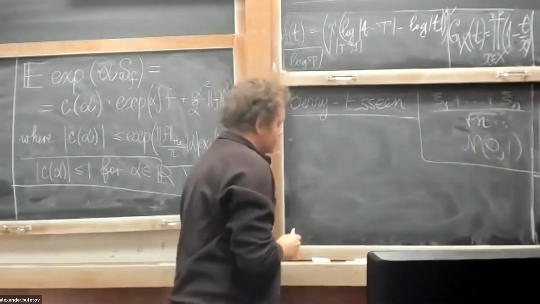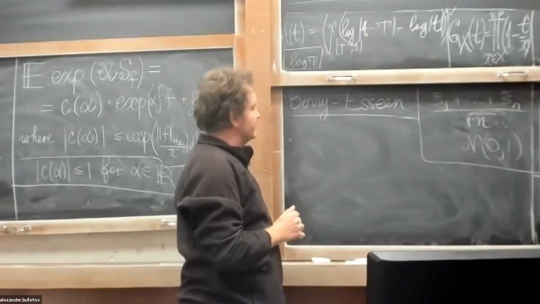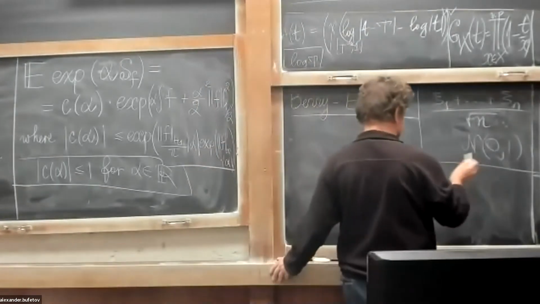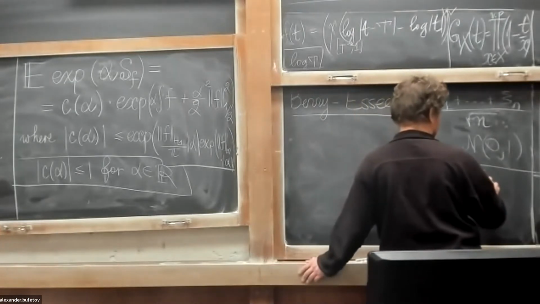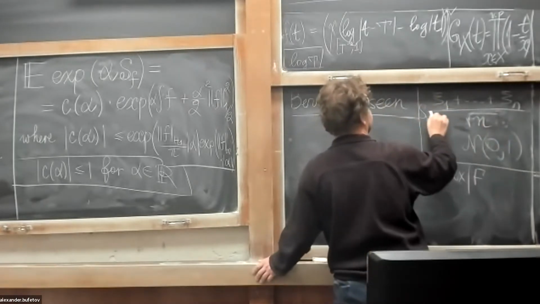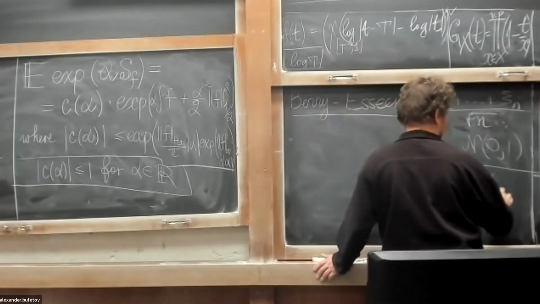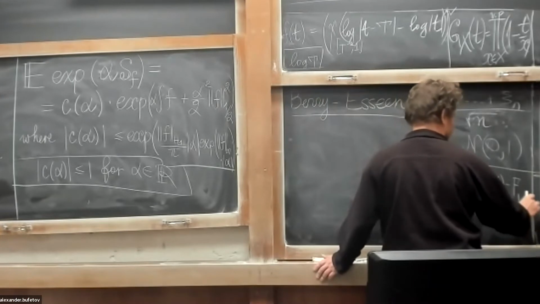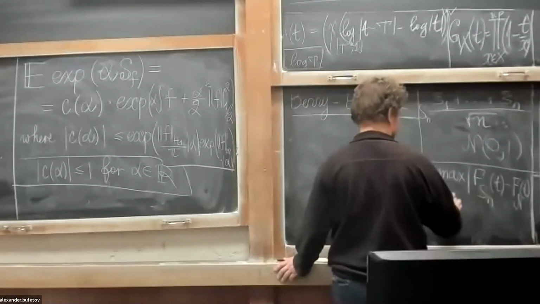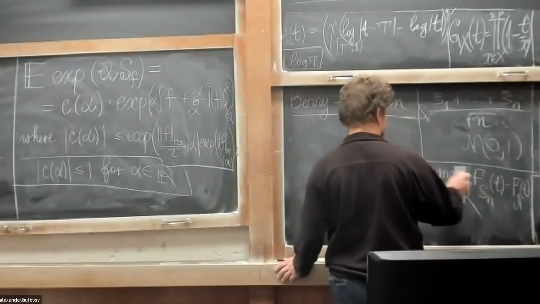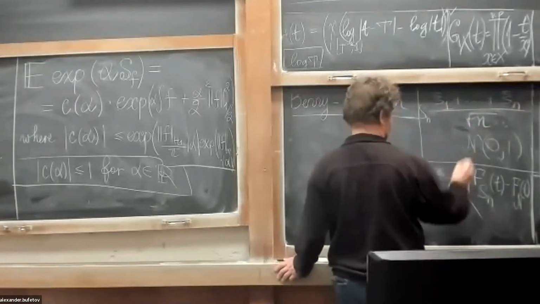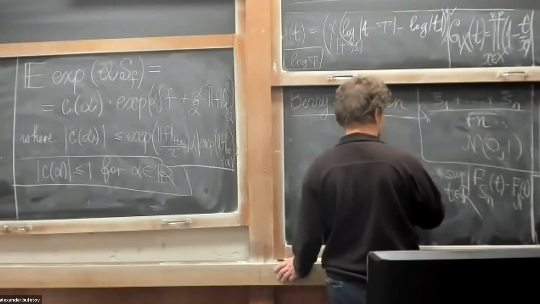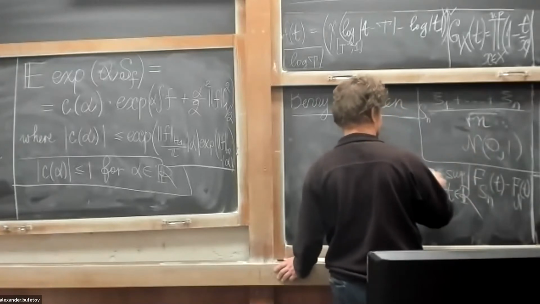Let us recall that the Kolmogorov-Smirnov distance is just the maximum of the differences of distribution functions: Sn minus the distribution function of the normal distribution. Well, I should maybe write supremum. So this is the Kolmogorov-Smirnov distance between Sn and the normal.